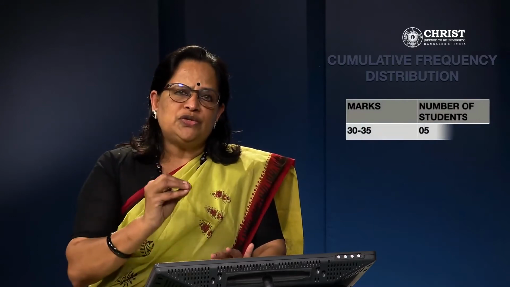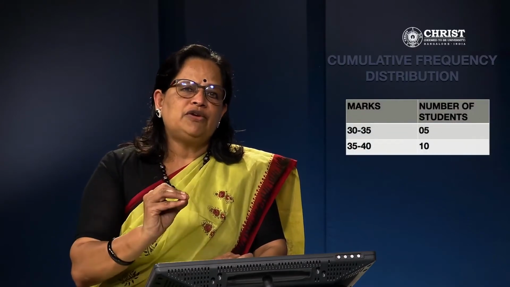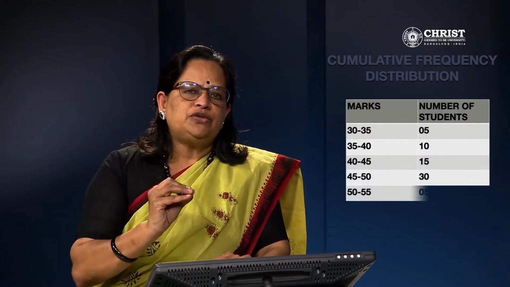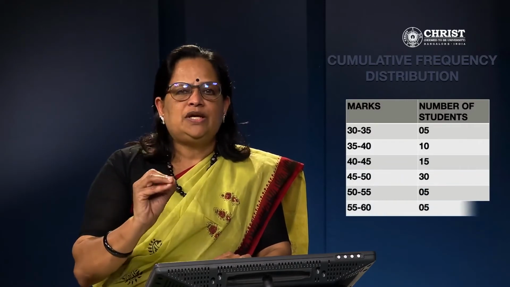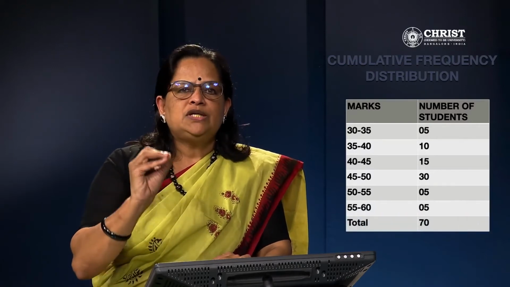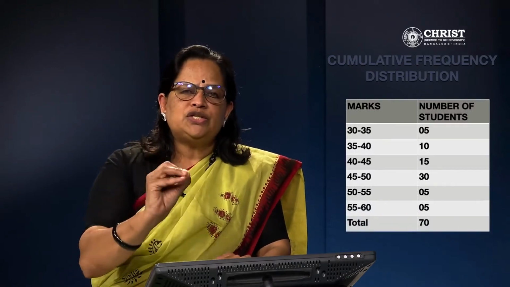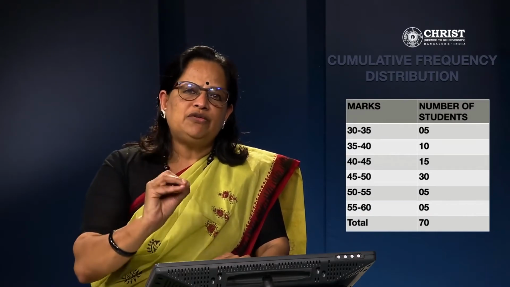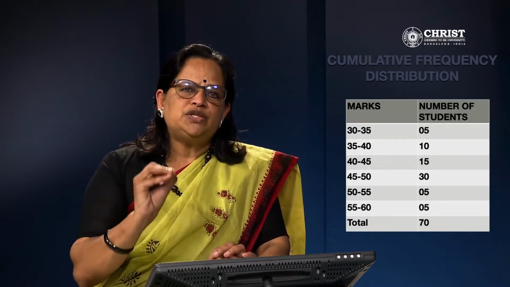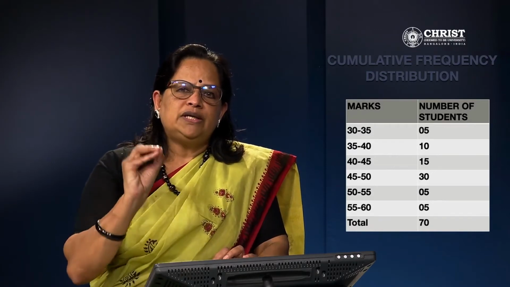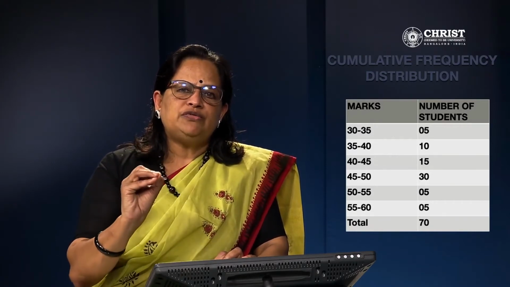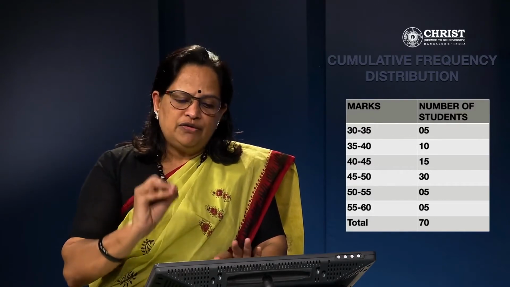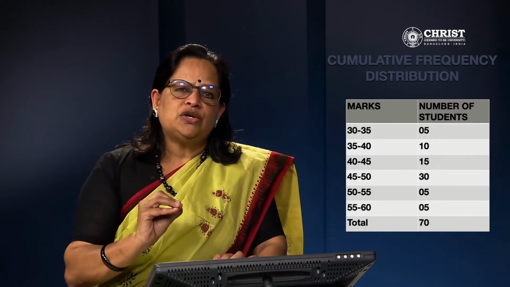The marks of students are 30 to 35, 35 to 40, 40 to 45, 45 to 50, 50 to 55 and 55 to 60, and total frequency is 70. 5 students got between 30 to 35, 10 students between 35 to 40, 15 students between 40 to 45, 30 students got between 45 to 50, and 5 students got between 50 to 55 and 55 to 60, again 5 students got these marks.